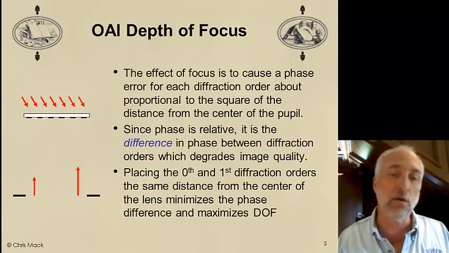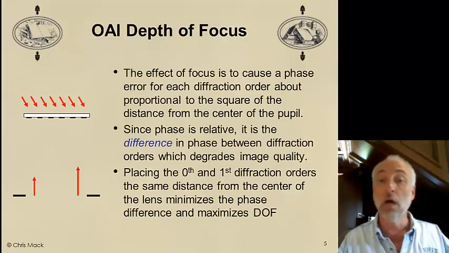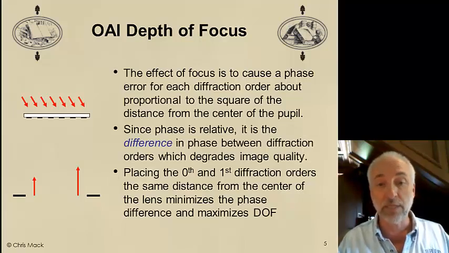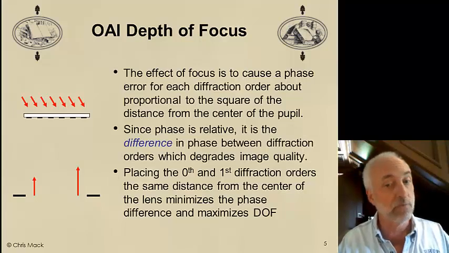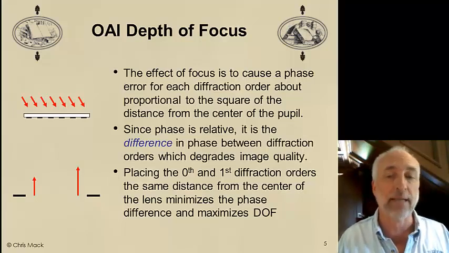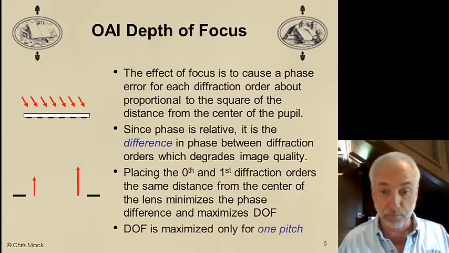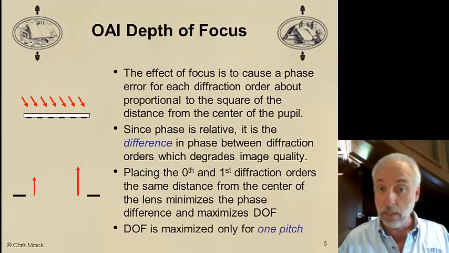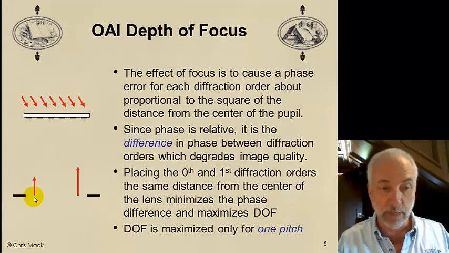Now, practically, though, we can never come close to an infinite depth of focus. But by placing the zero and first diffracted orders the same distance from the center of the lens, we can minimize the impact of focus errors on the image. Now, an important thing is this DOF is maximized only for one pitch. Right? If I change the pitch, what happens?